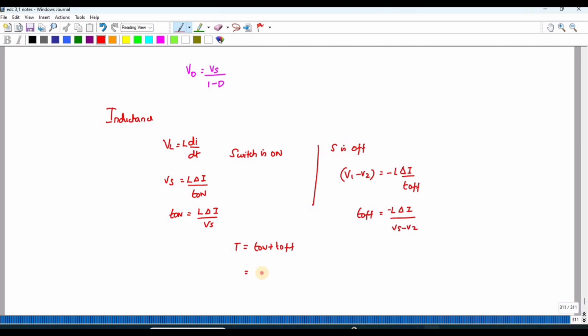So you take del I common, so you will get 1 divided by Vs minus 1 divided by Vs minus V2. So on solving, T is equal to L del I times V2 divided by Vs into Vs minus V2.